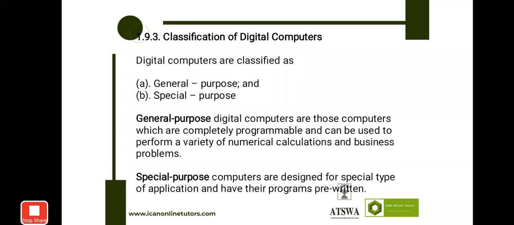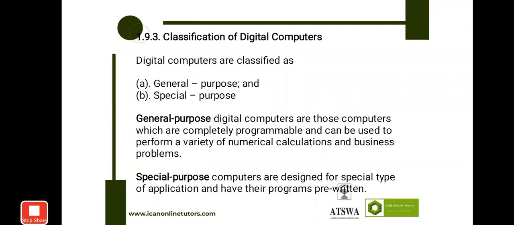Classification of digital computers. We have two classifications of digital computers: general purpose and special purpose. General purpose computers are those computers which are completely programmable and can be used to perform a variety of numerical calculations and business problems.